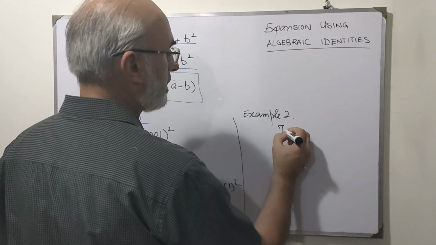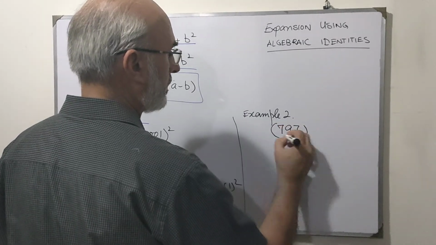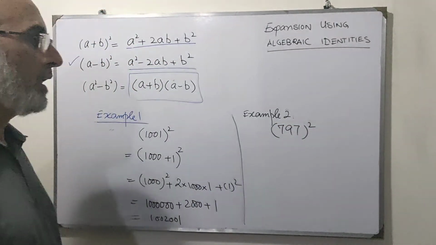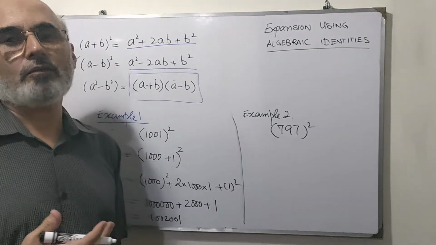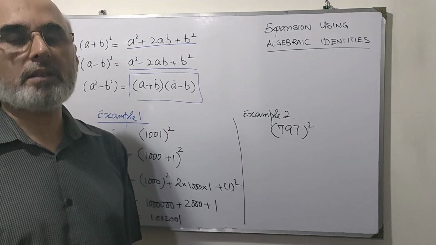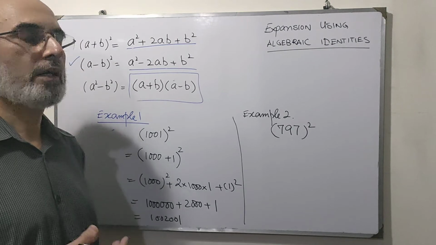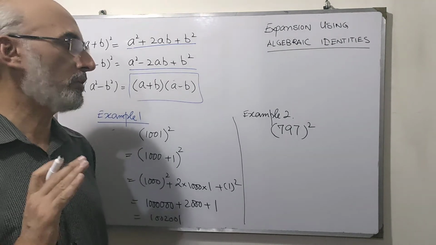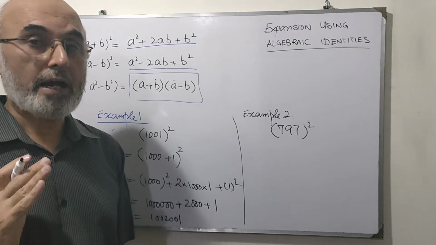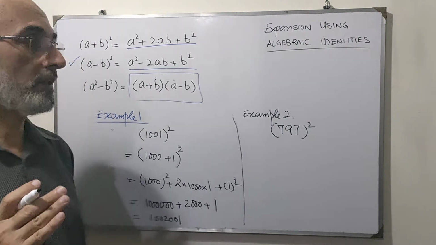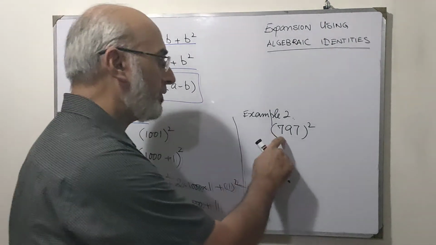Okay, if we have 797 square. Now again, one way is to multiply 797 with 797, or you can use a calculator. But if you are supposed to use an identity, what do we have to do?